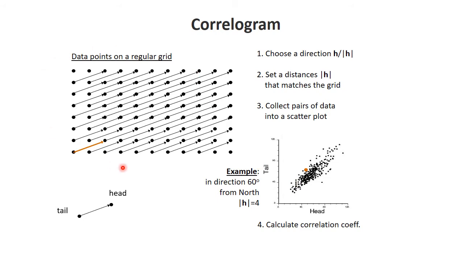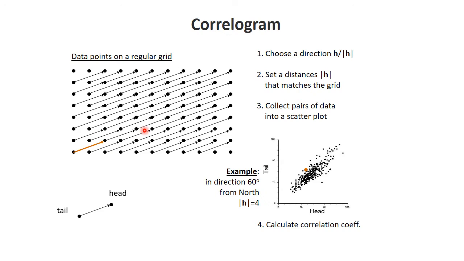That means that on average, when I compare two values at that lag distance and angle, I have a correlation between those values. And so I can calculate that correlation coefficient, and then I have a quantitative measure of what I observe in that image at that lag distance and angle.